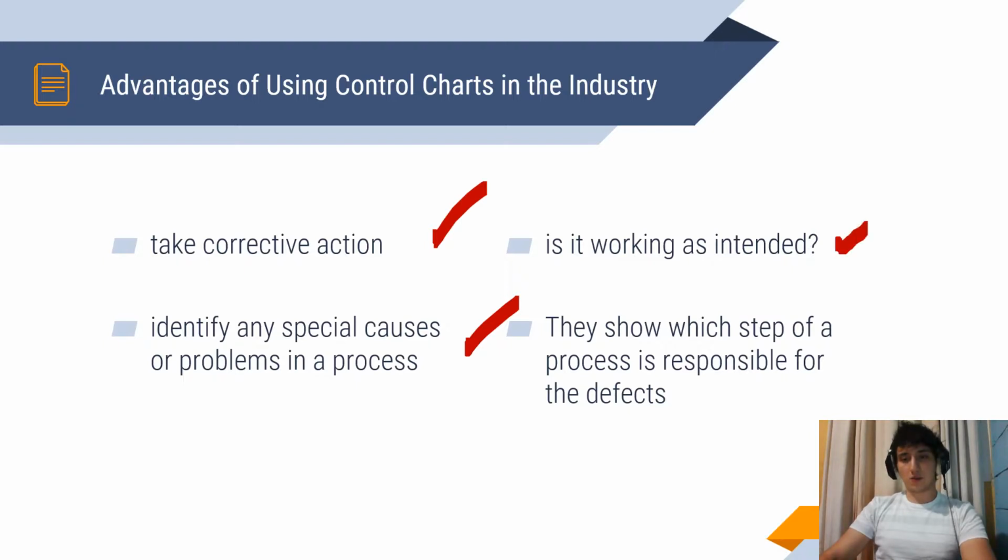They help us know if the process is working as intended, because if the values are varying a lot, this means the process is not working fine. But as you can see in the chart that I showed in the previous slide, the process was working as intended. Also, they show which step of a process is responsible for defects.